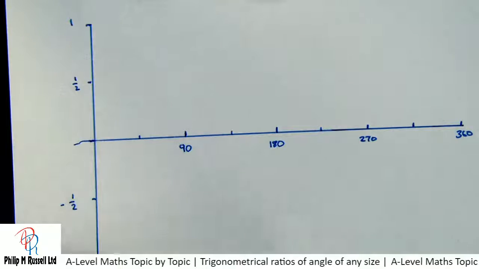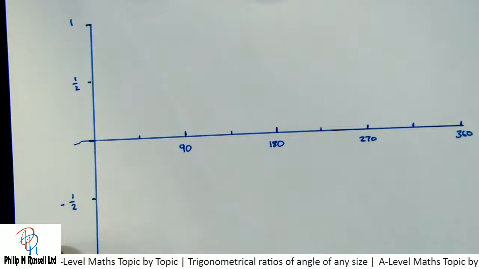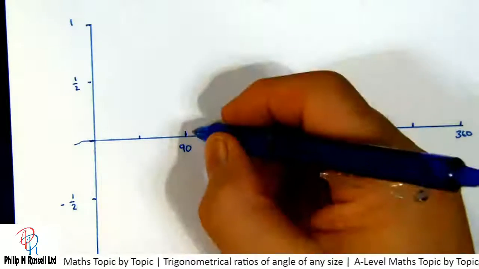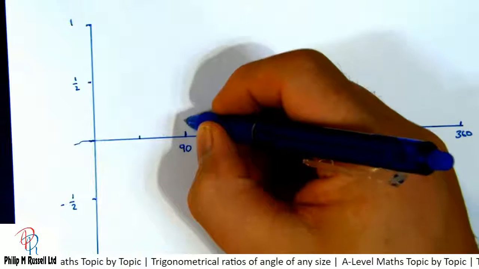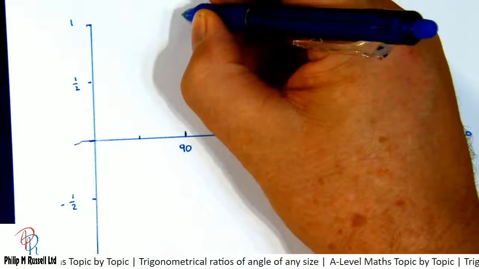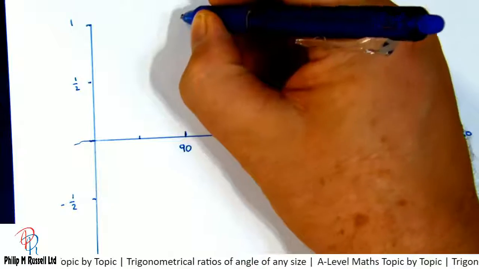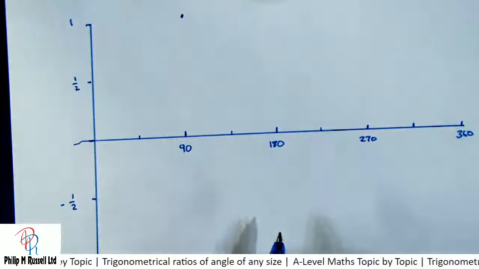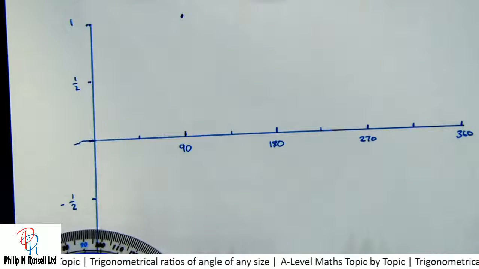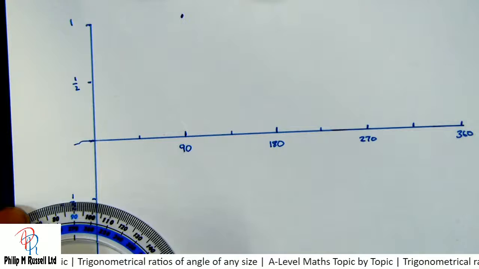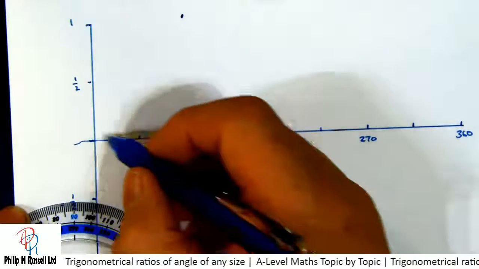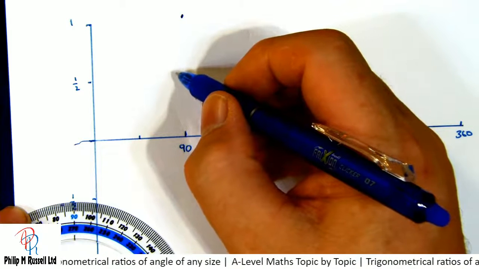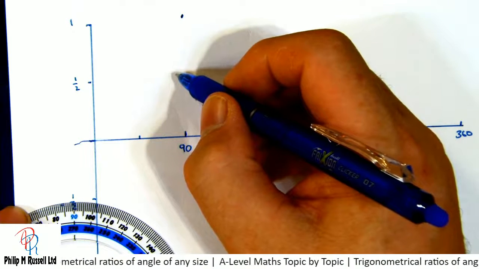Lost the protractor. So if we're looking for something like the tan of this, then we know at this point it's going to approach 1, and we know that the tan of 45 is going to be literally 1 over 1, which is going to give me 1.